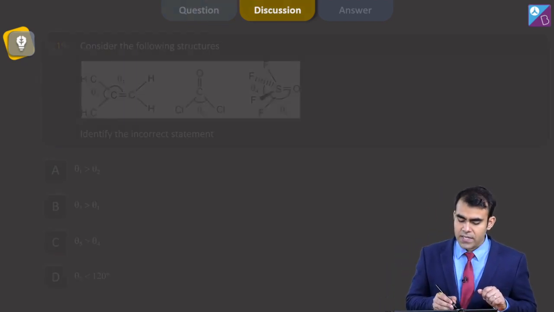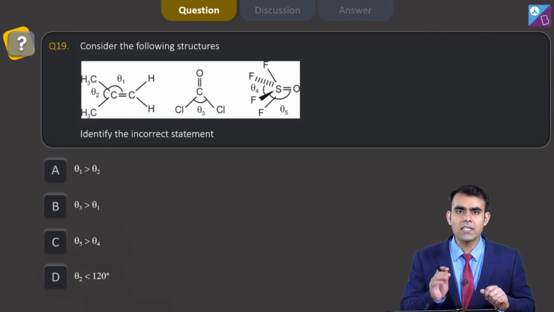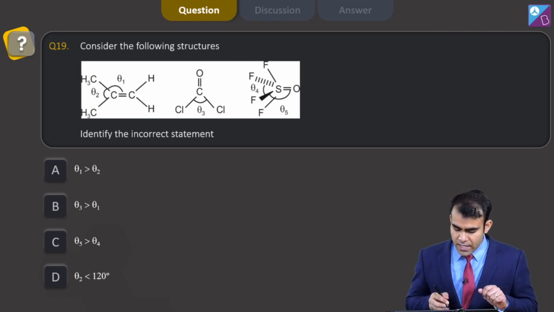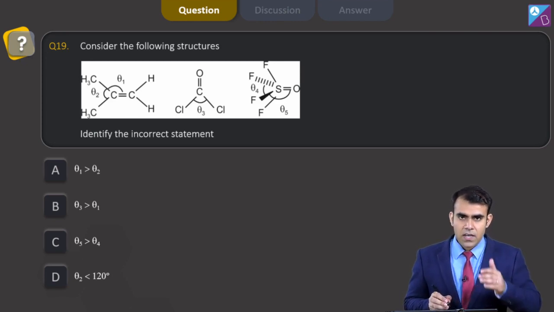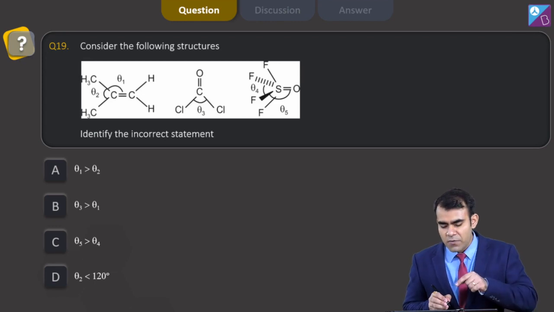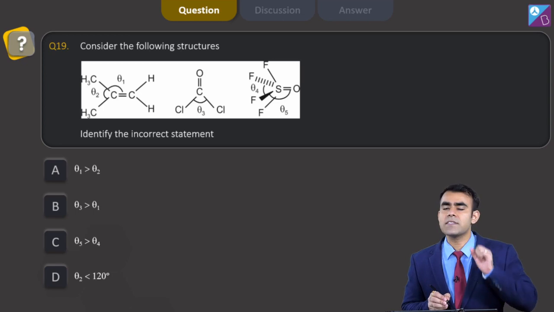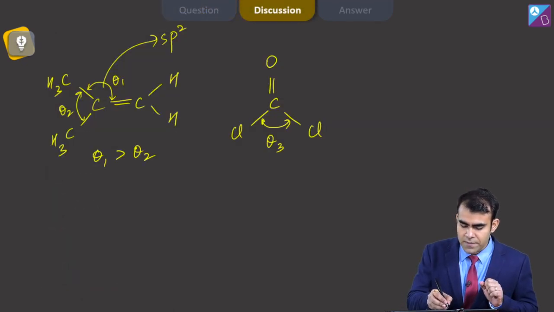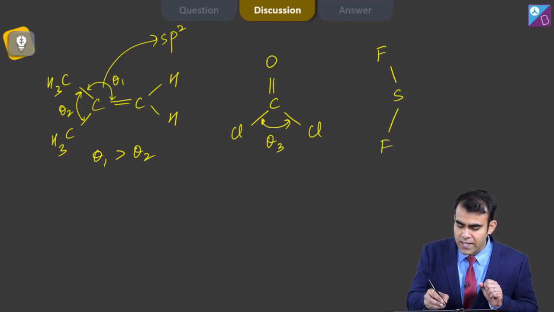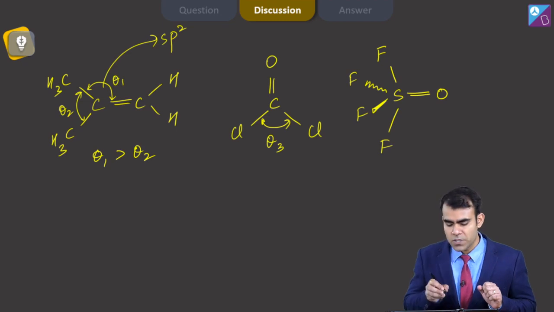And if you look at the last structure, here we have an sp3d hybridized sulfur atom, and you can see that the wedge and dash are in the equatorial position, whereas the solid sulfur fluorine bonds are in axial position. So if I draw it here, we have sulfur, these are fluorine atoms which are in the axial position, and these dash and wedge are in the equatorial positions.